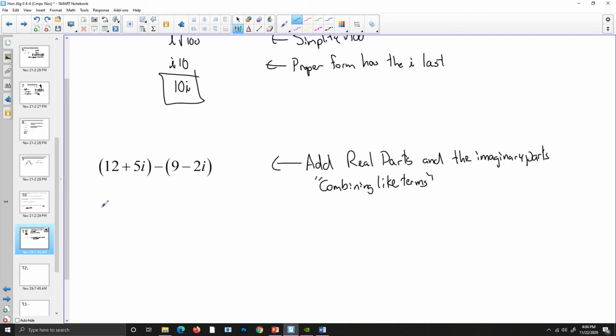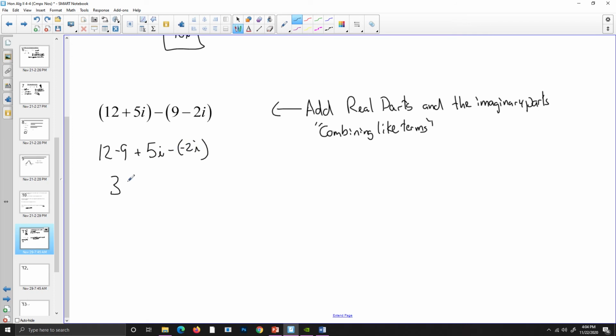So let's write this out. I'm going to have 12 minus 9. That is my real part. And then to that, I'm going to add 5i minus negative 2i. So I'm adding my real parts and my imaginary parts. 12 minus 9 is going to be 3. 5i minus negative 2i is going to be positive 7i.